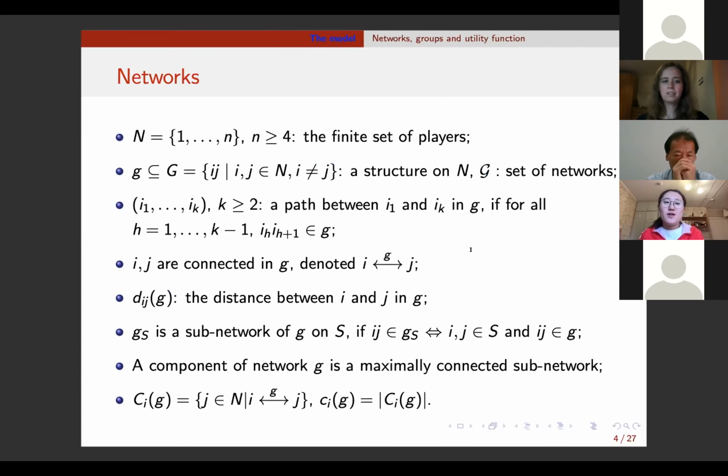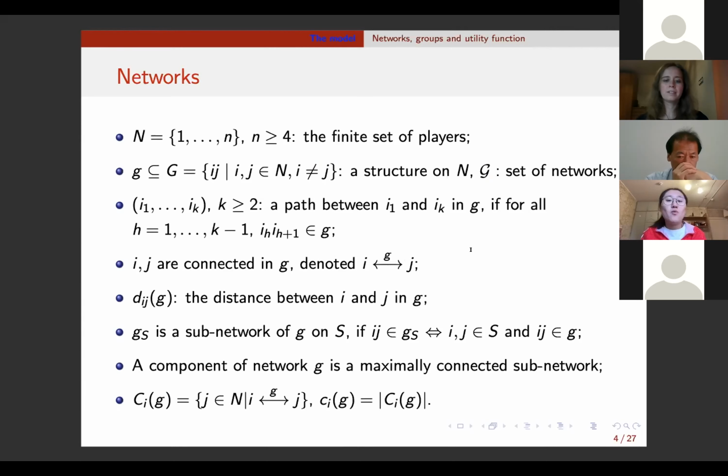Well, before we describe the specific model, we need to introduce some basic notation. First, about networks. In this model, we study a directed network. A sequence of players from i1 to iK is a path between the two players if for any two neighboring players, there is a link in this network. Two players are connected in the network if there exists at least one path between them.